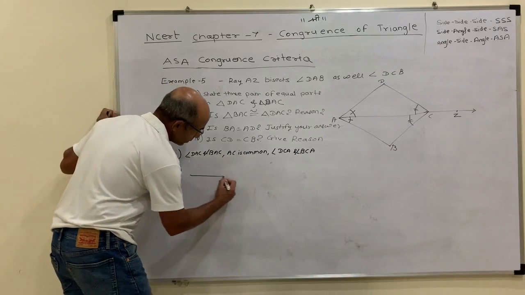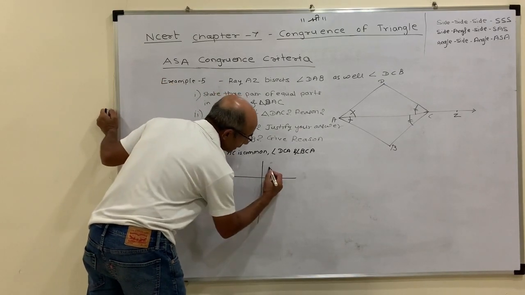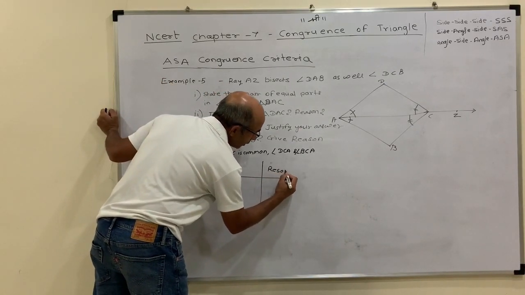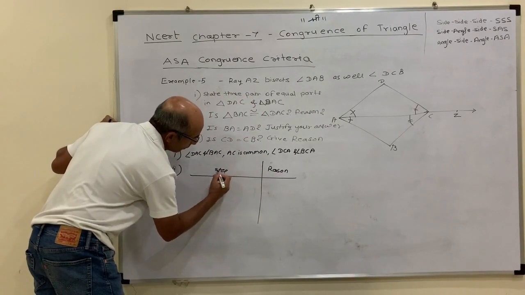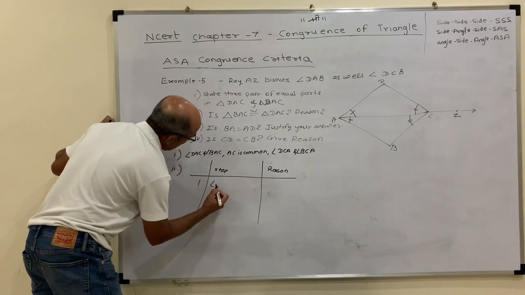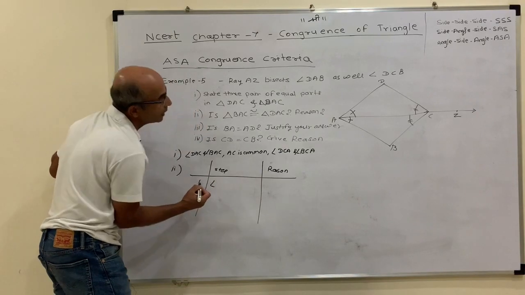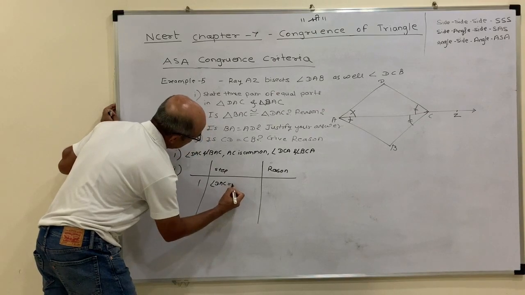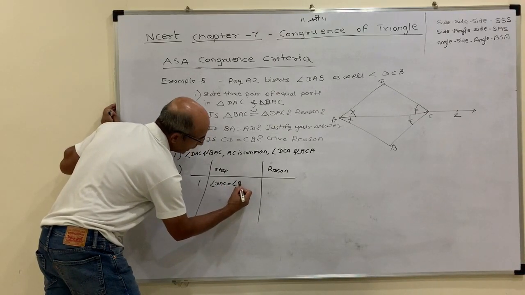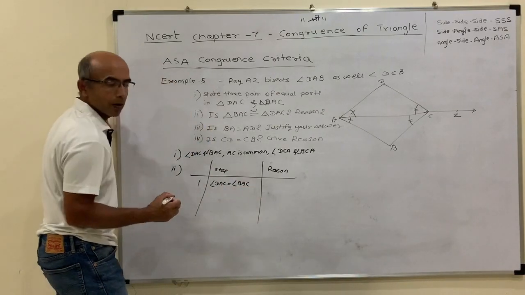So again, let's do reason, then steps. First, angle DAC equals angle BAC. Why?